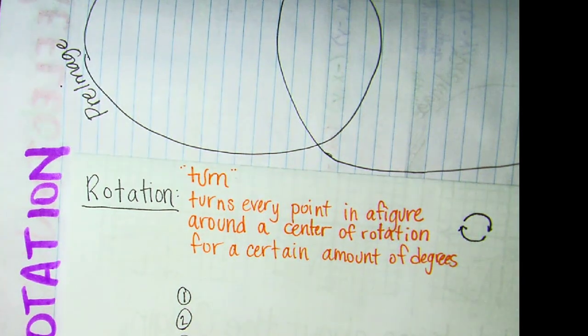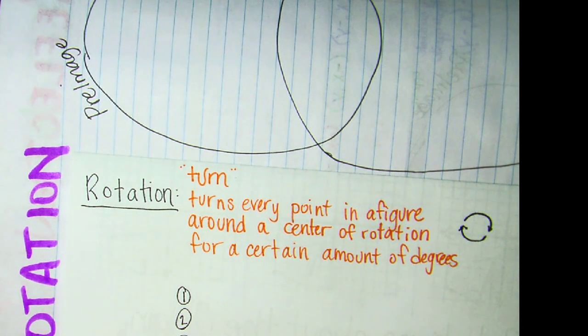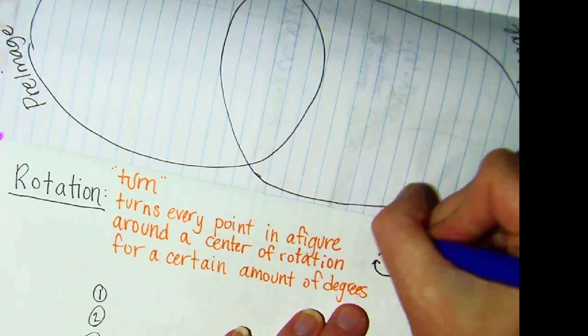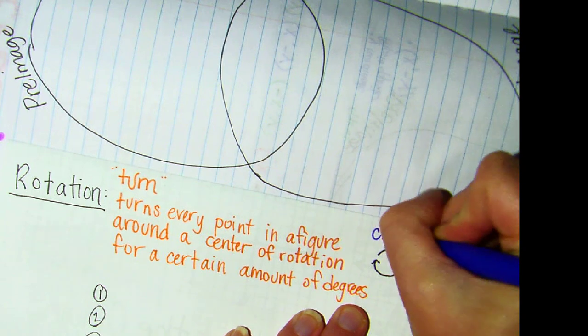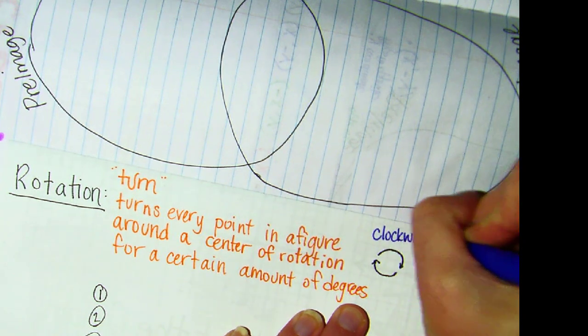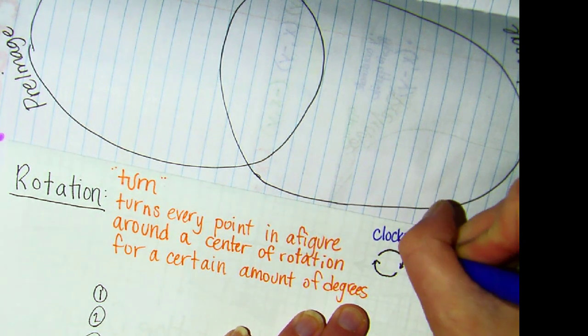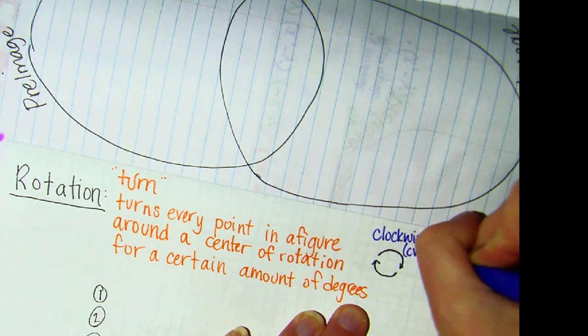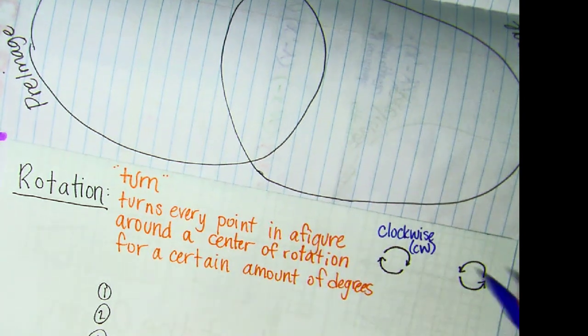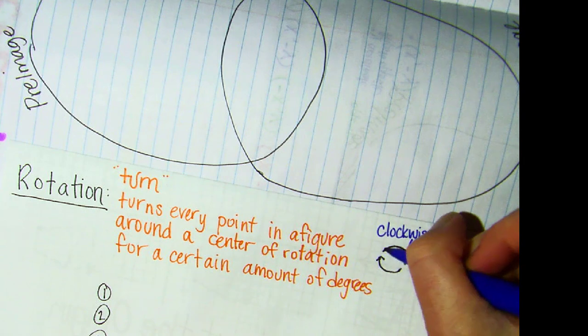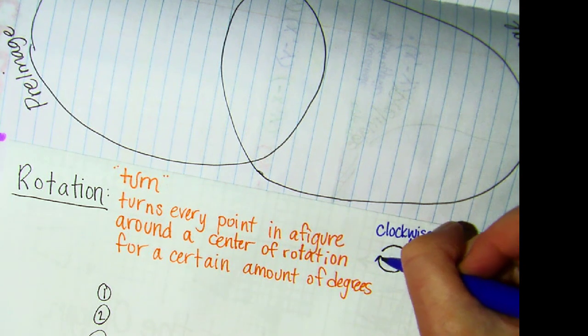Now, for rotations, they get very specific with their directions. We have what's more familiar to us. This direction is clockwise, and if you see it abbreviated, it will be abbreviated by CW. So that's the way the hands go around a clock.